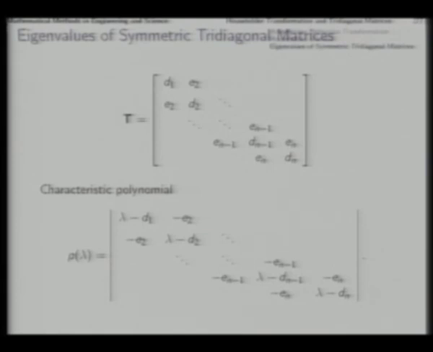you find that the characteristic polynomial of this leading 1 by 1 part is simply lambda minus d1, right.